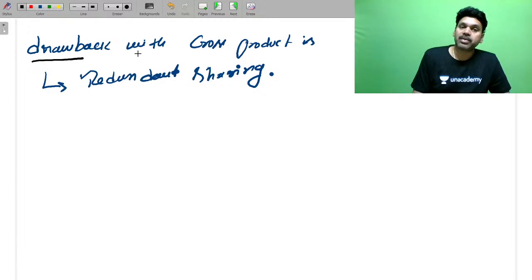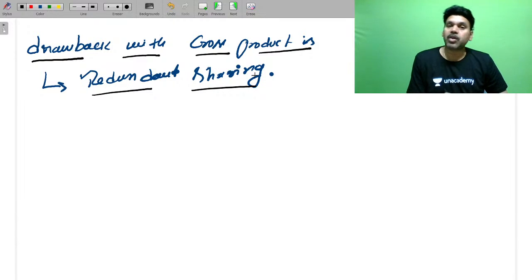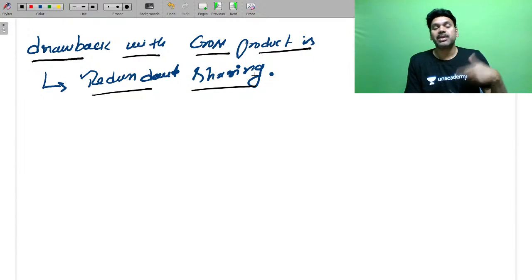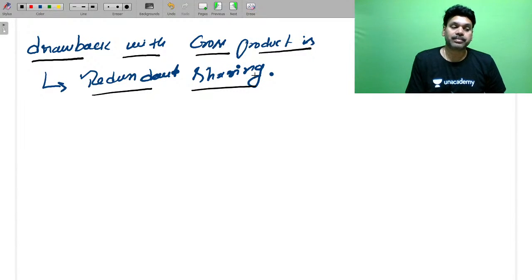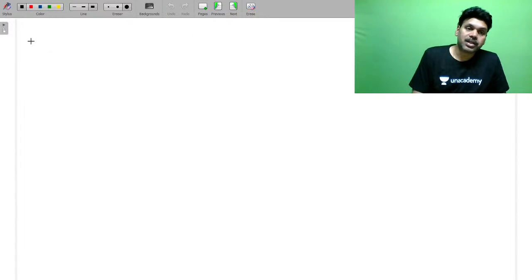So I hope you got why it is given as a drawback. Data will be shared, no doubt. Our purpose is served. But the thing is that you're not going to have non-redundant sharing. The same row is going to be given multiple times, which we do not require, but it is forced to be provided after mapping. So these problems can be avoided using the second variety of join, called natural join.